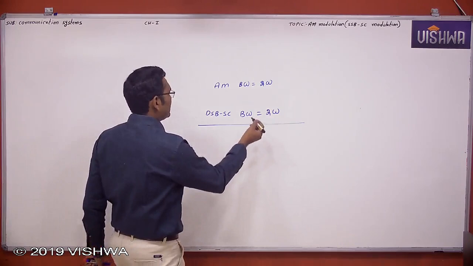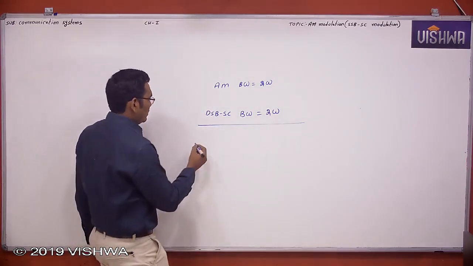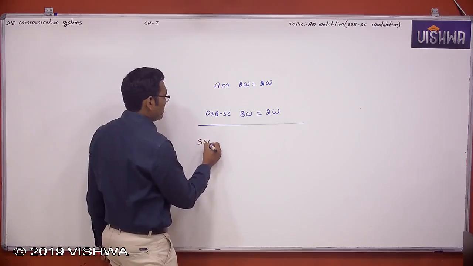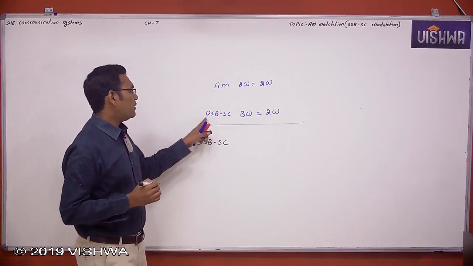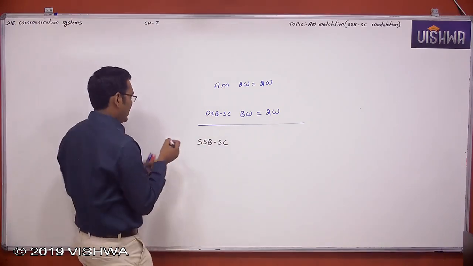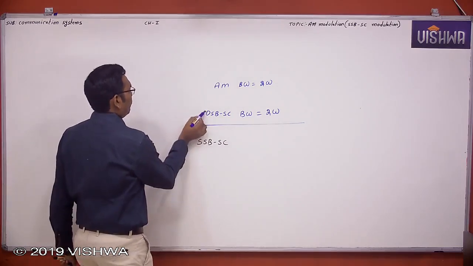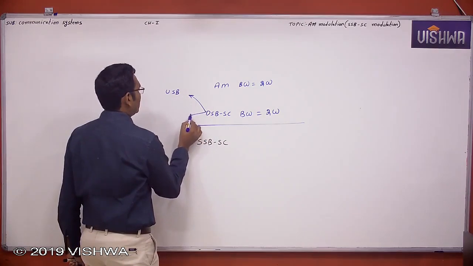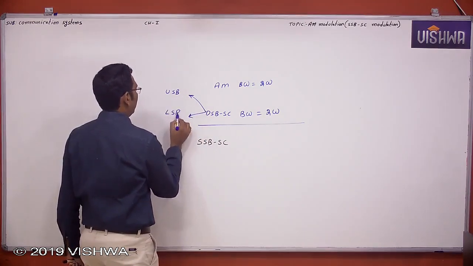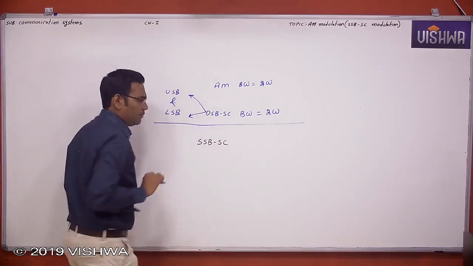In DSB-SC there are two sidebands, double sideband suppressed carrier. One is the upper sideband and another one is the lower sideband, right? Two sidebands, upper sideband and lower sideband.